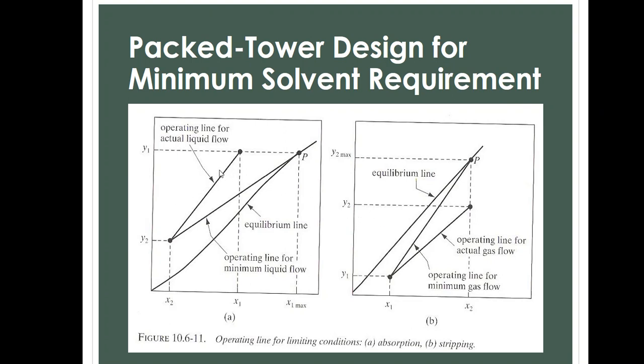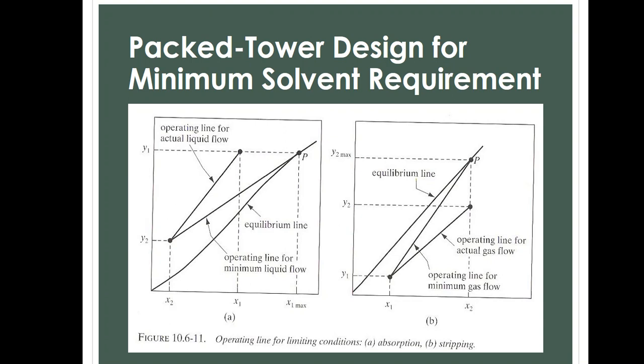For gas absorption, this is the operating line again. For stripping, this is the operating line again. These are our equilibrium lines, curves. For minimum solvent requirement for gas absorption, we move this line such that it would be tangential to the curve. So we move this point here until it will be tangential to the curve.